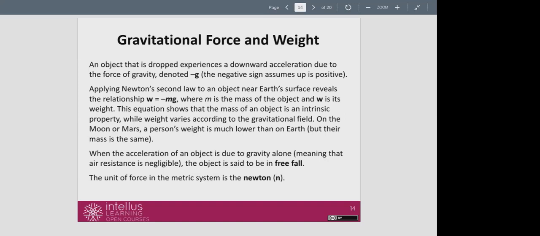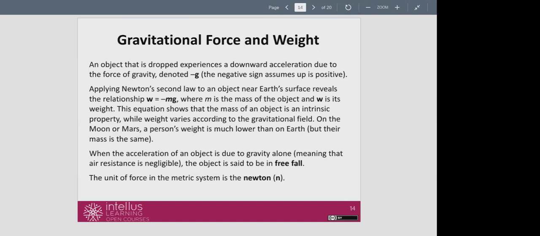Now we know already that gravity on planet Earth produces an acceleration of minus g, because gravity pulls an object down and produces an acceleration of negative 9.8 meters per second squared, right?